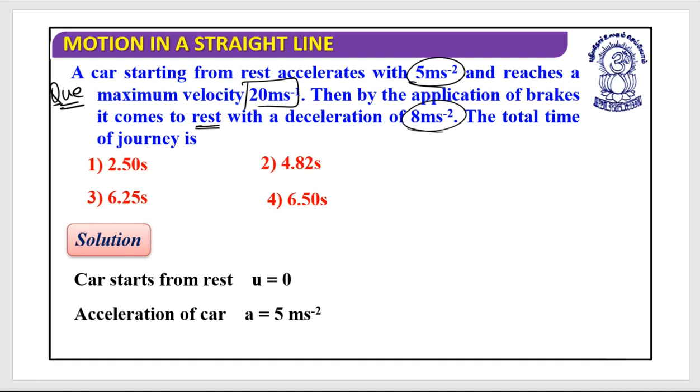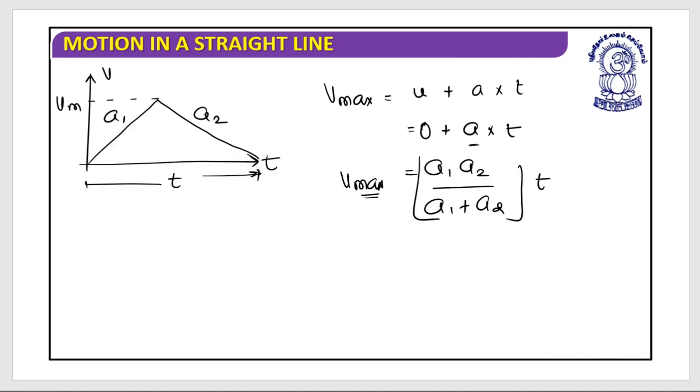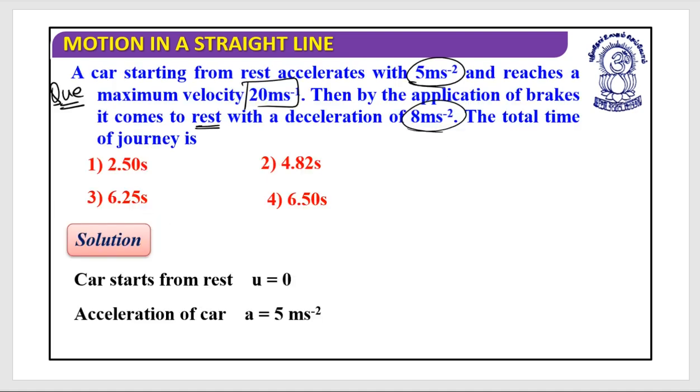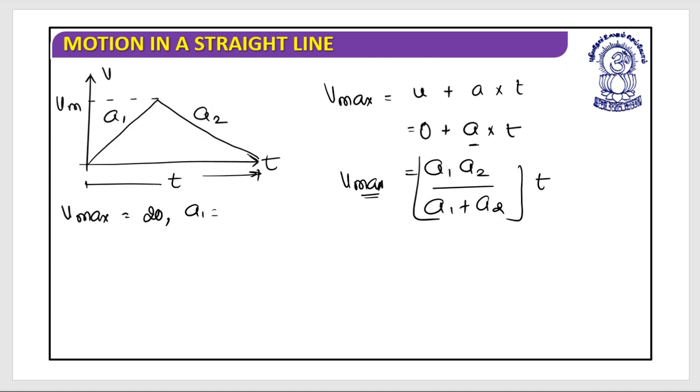What I am given is that my Vmax is 20. My A1 is 5 meter per second square, and A2 is 8 meter per second square.